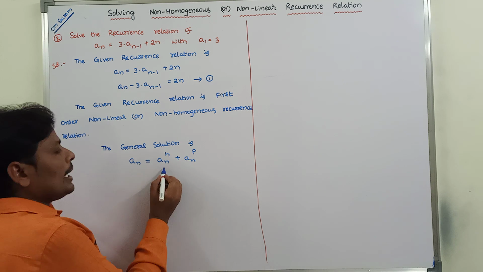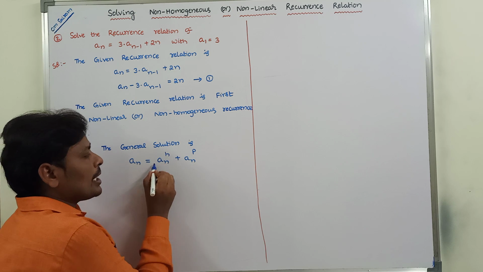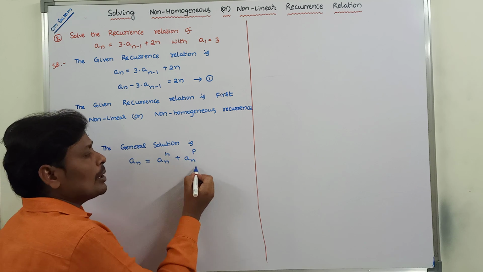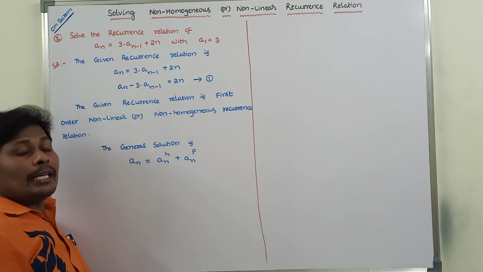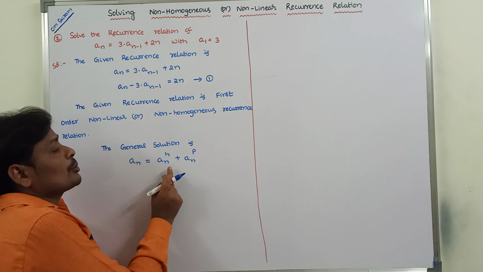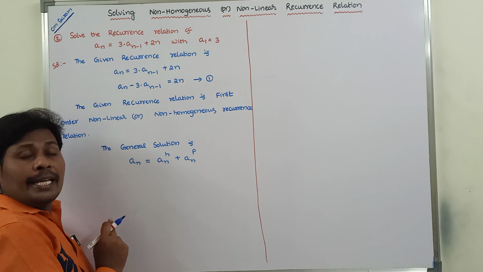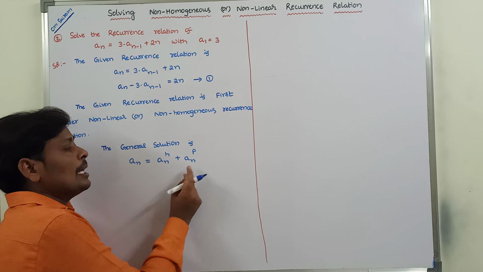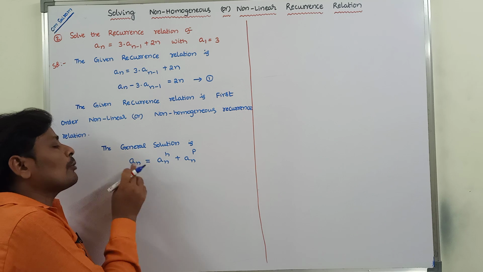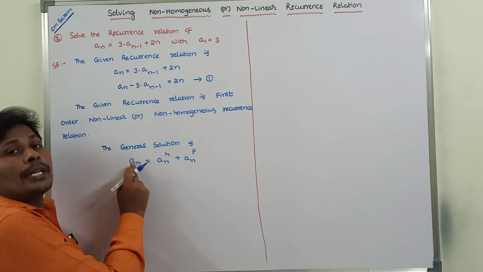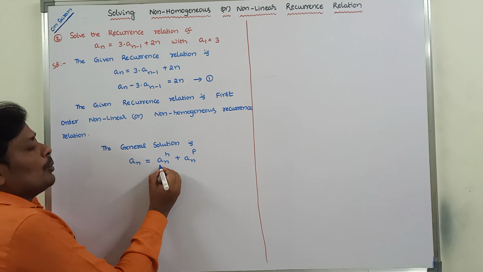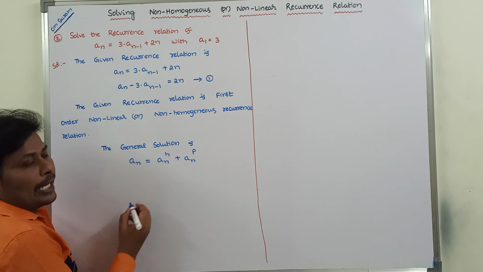Here this is the solution of the homogeneous recurrence relation, and this is the particular solution. The sum of the solution of the homogeneous recurrence relation plus the particular solution is the general solution of the given recurrence relation. First we have to find out this value.